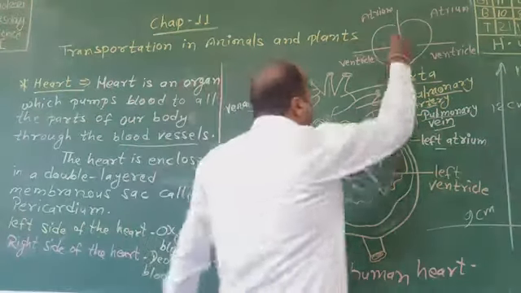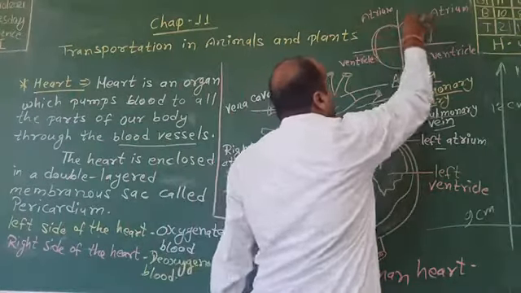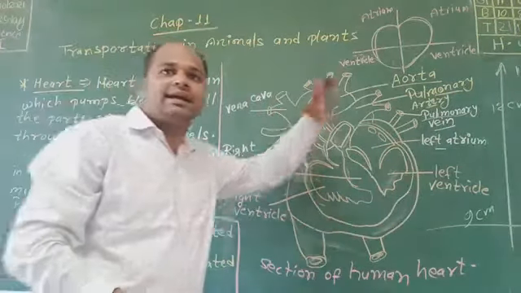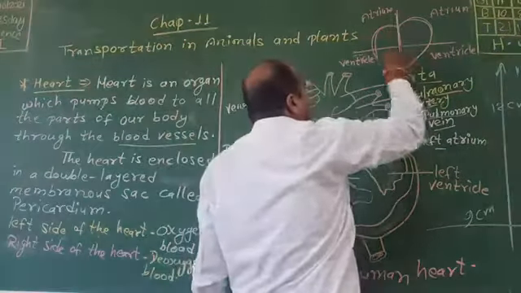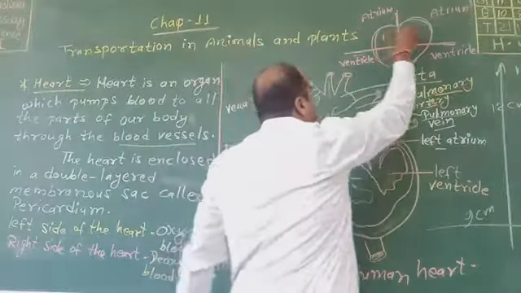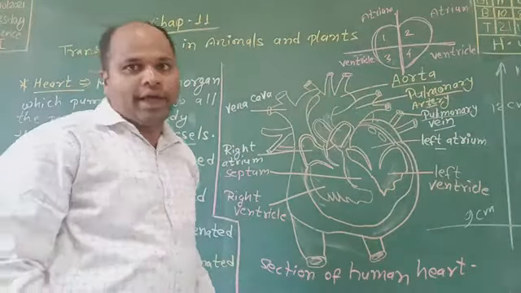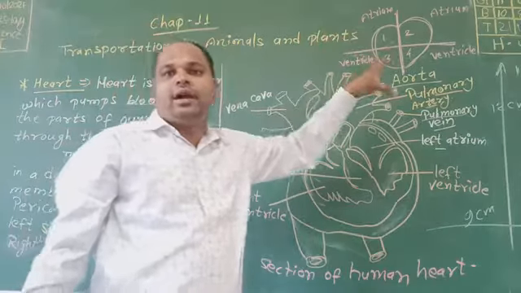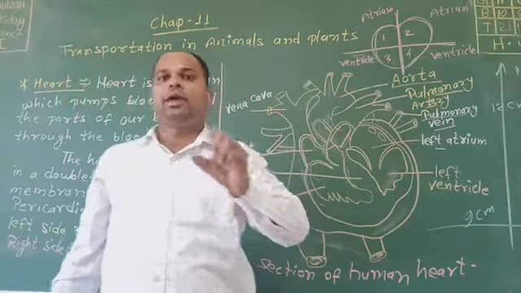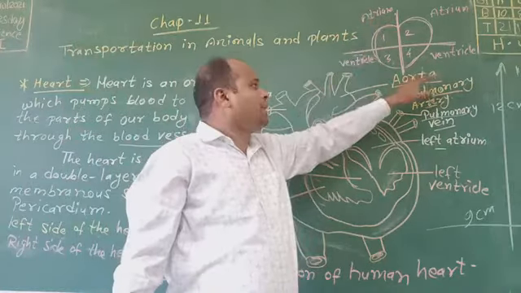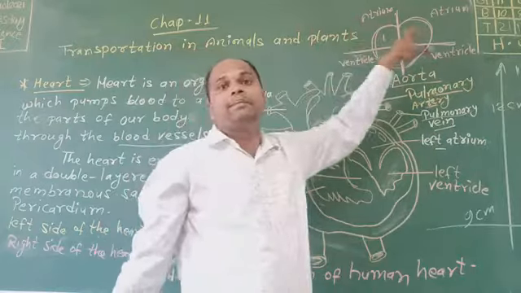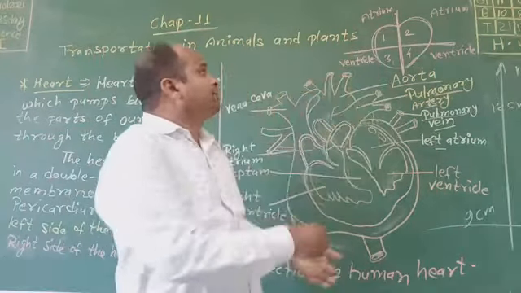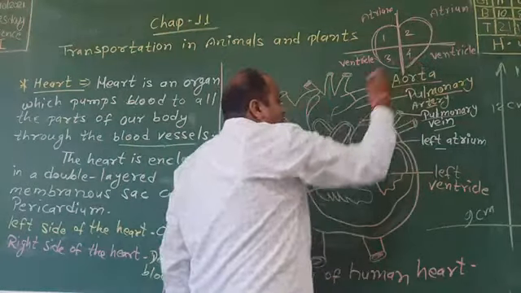Look at this picture: this is the first compartment, this is the second, this is the third, and this is the fourth. So our heart is divided into four chambers. The upper part is called the atrium, whose other name is auricle, and the lower part is called the ventricle.